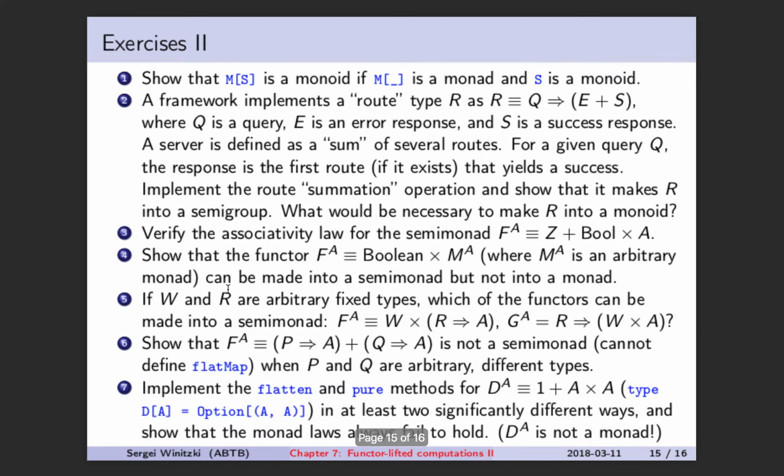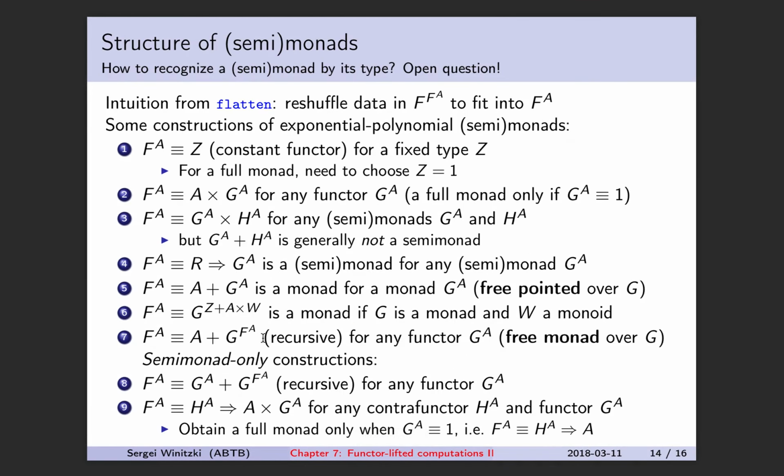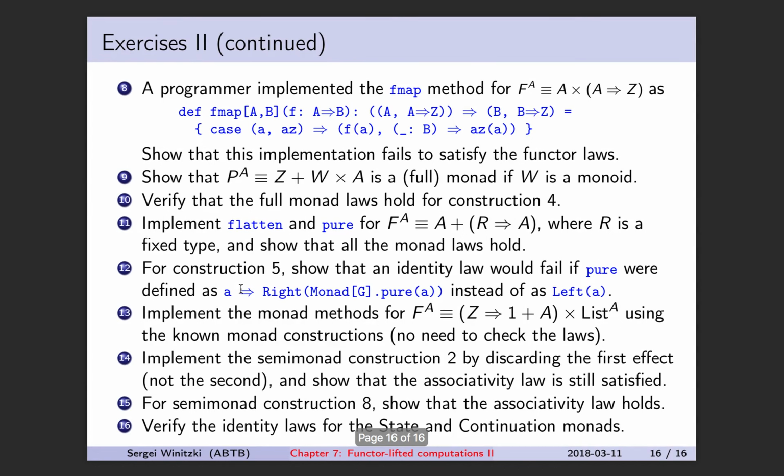Now, the exercise here is to show that if we didn't, and we define it as right of monad G pure of A, which we could have done conceivably, because G is a monad, so we could put pure into the right part, into here. So show that if we did that, one of the identity laws would fail. So there's no way this would work.